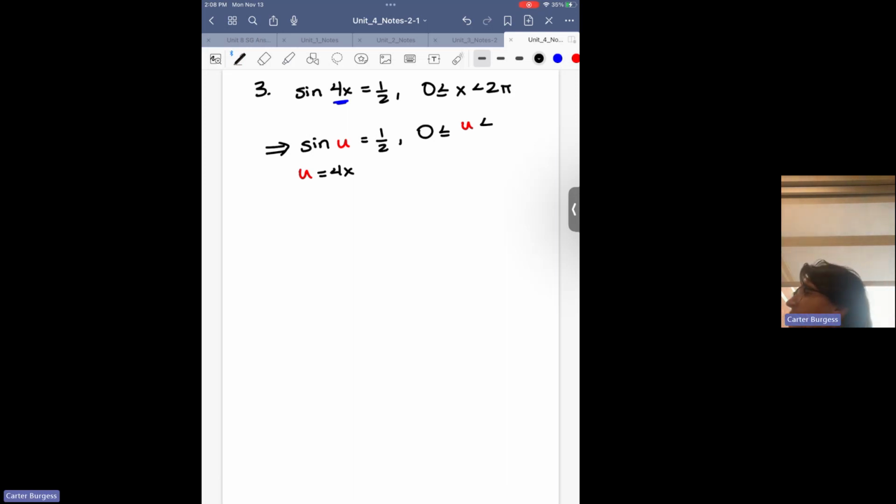And if the upper bound for x is 2 pi, what is the upper bound for 4 times x going to be? 8 pi. Very good. This is just times 4.